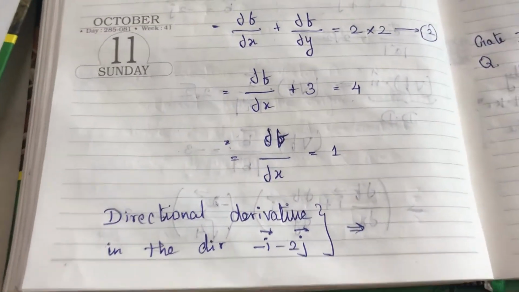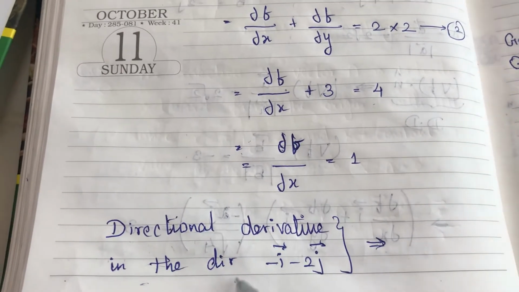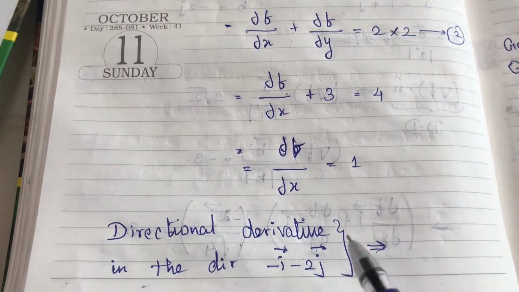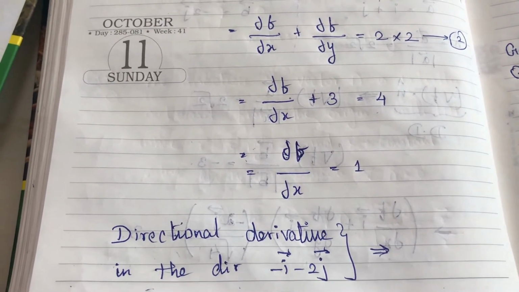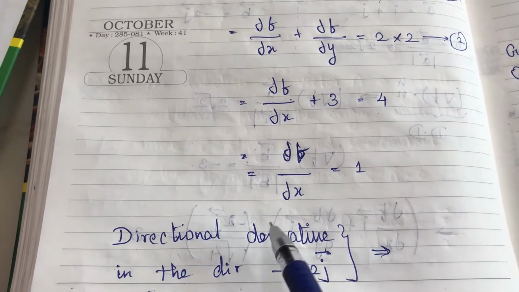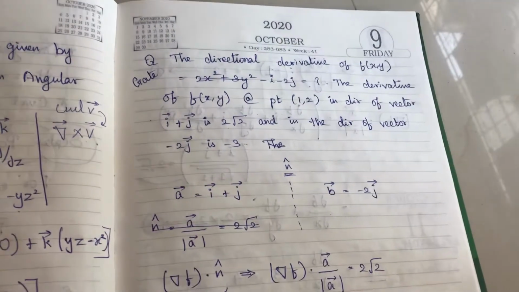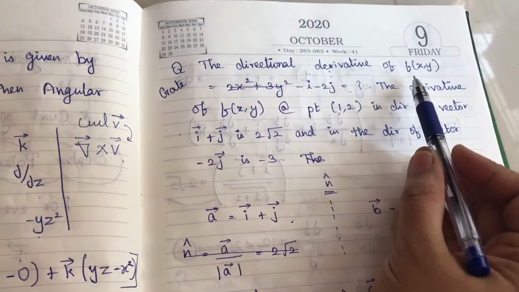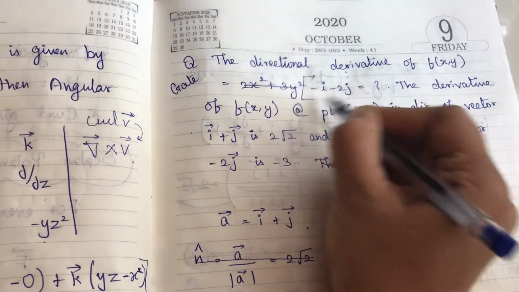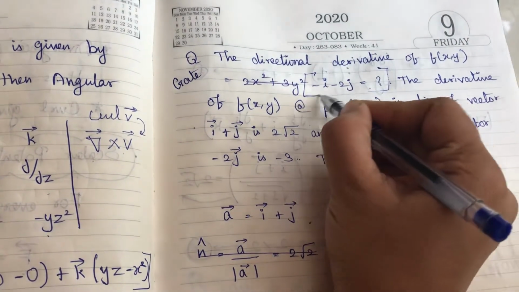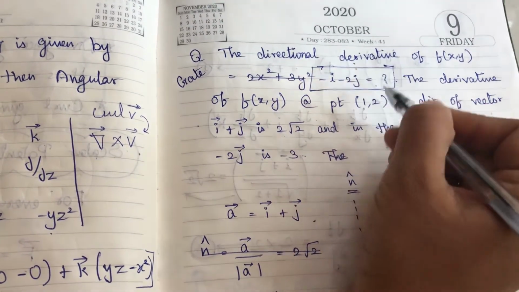Then I am coming to the directional derivative in the direction. So they have asked for this vector, I have written one vector here. Okay, so they have asked for this vector, what is the DD value.